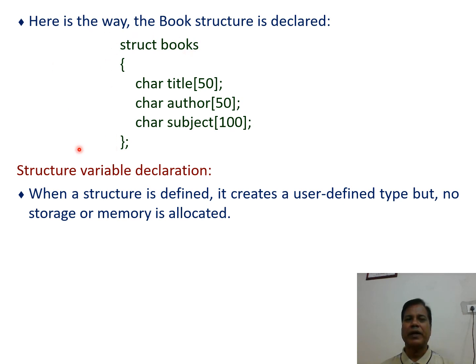It can contain title of the book, author of the book, subject of the book. So this is just a structure for storing title, author, and subject of the book. But unless and until a structure variable is declared, no memory location is allocated for this structure.